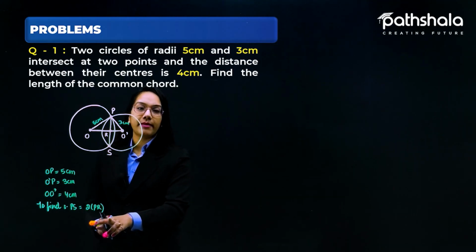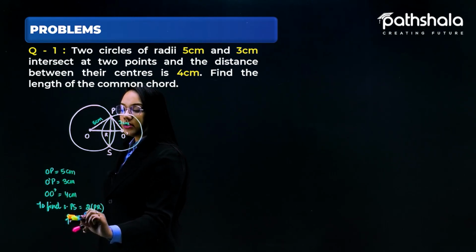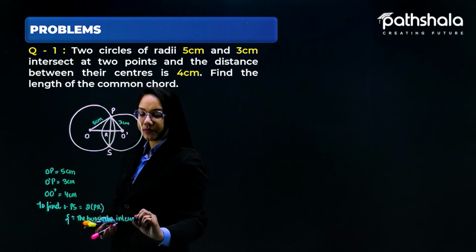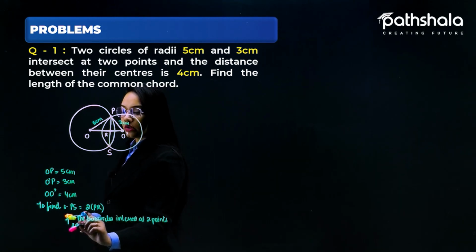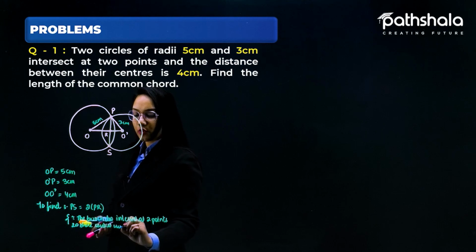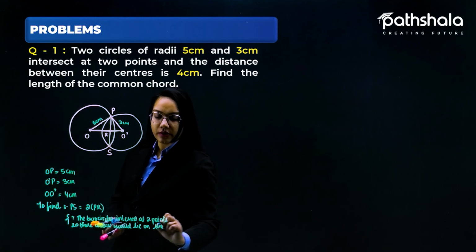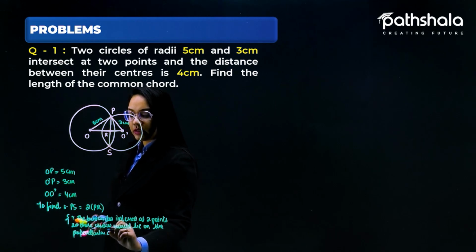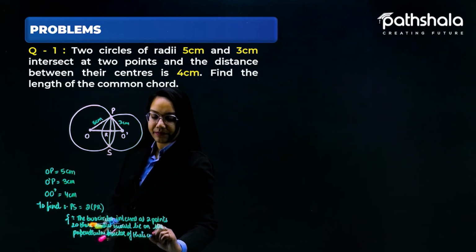Let me write the reason as well: since the two circles intersect at 2 points, their centers would lie on the perpendicular bisector of their common chord.